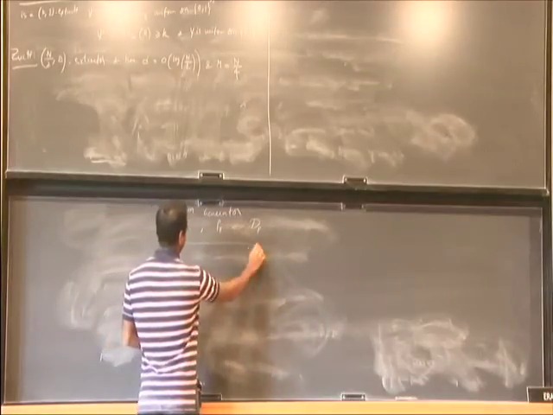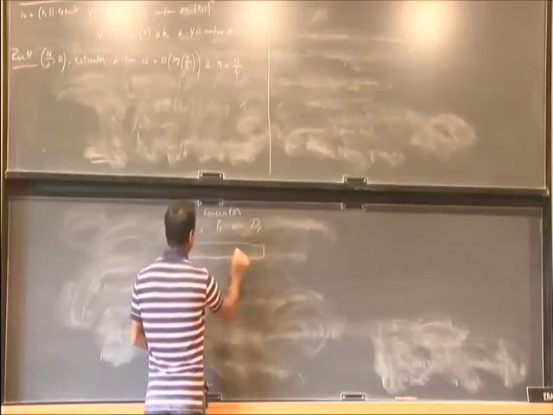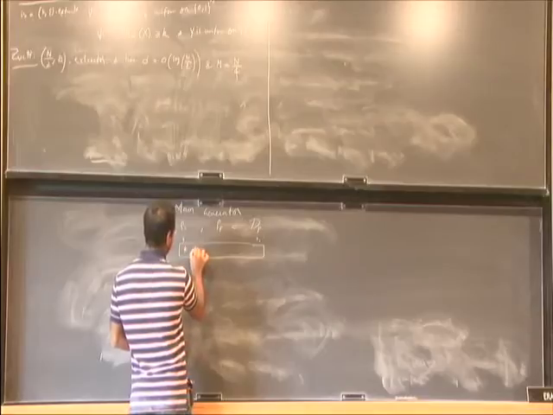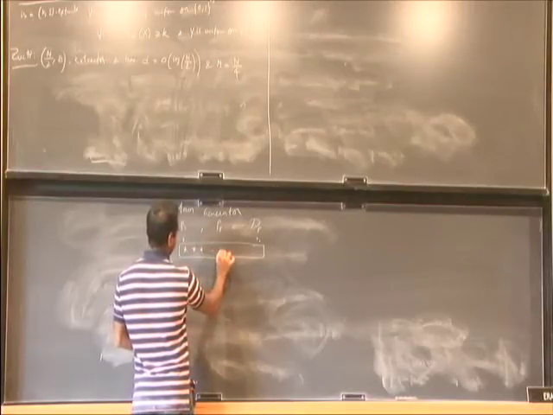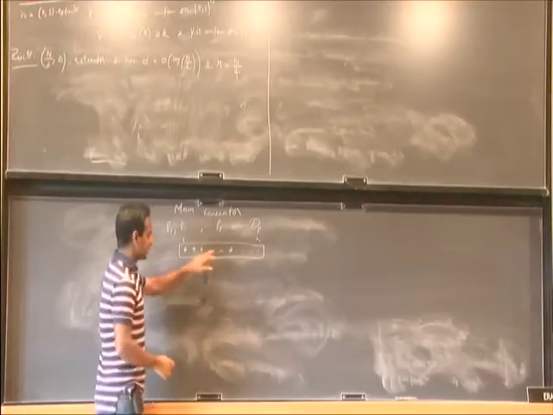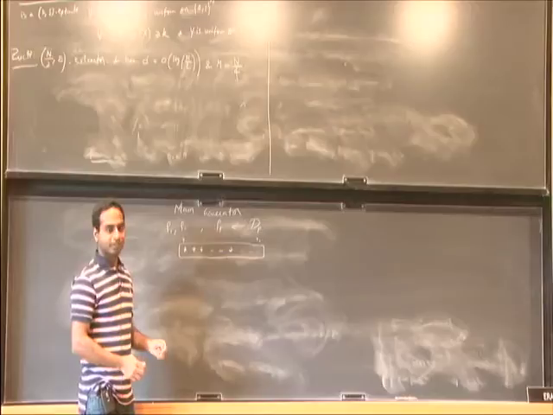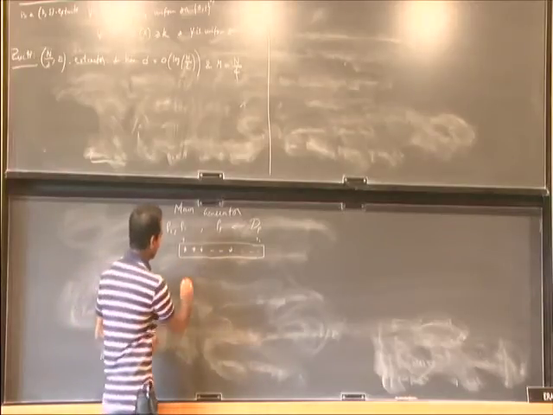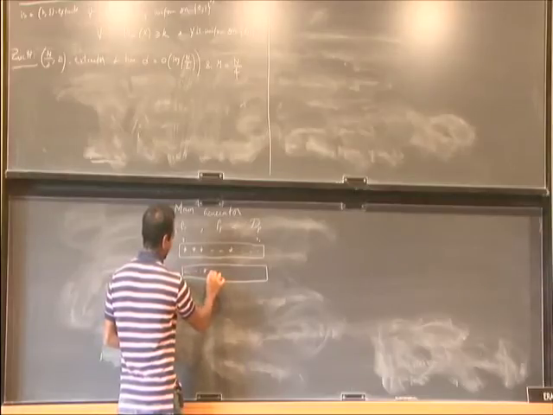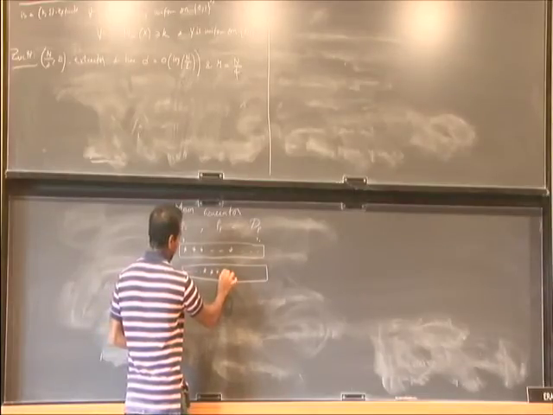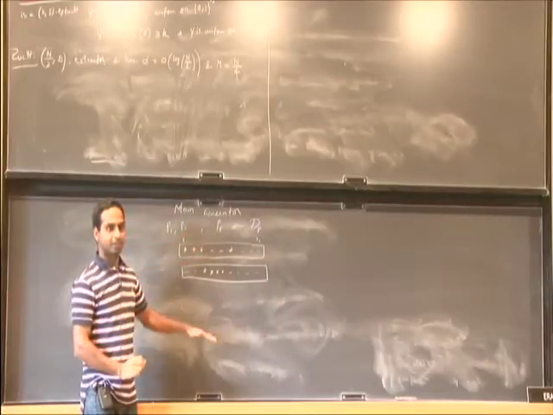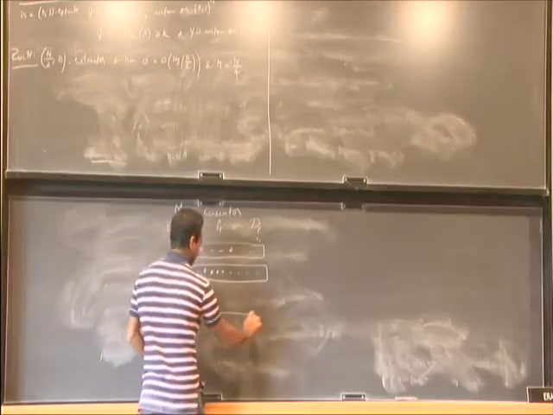This is going to give us some strings, let's write x1 up till xn here, and you'll have some stars and some bits which are set according to rho 1. So this is supposed to be rho 1, and this is rho 2. I'm just writing down what these restrictions look like in a matrix form, basically.